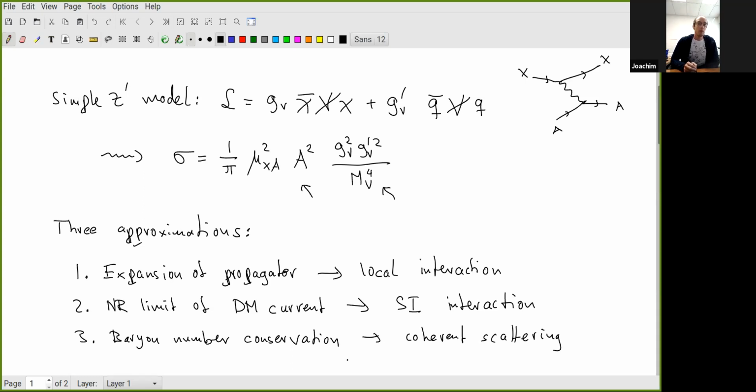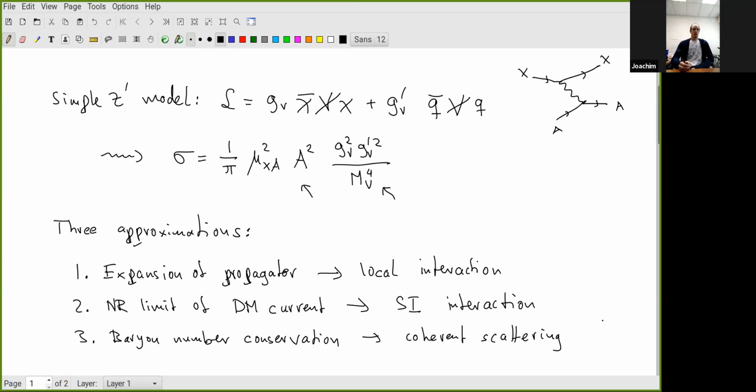In order to calculate the cross section, we could use a trick. We used an exact symmetry that is related to baryon number conservation, and we saw that at very low energies, the dark matter just sees the baryons in the nucleus, essentially the numbers of protons and neutrons. So these are the three approximations that allowed us to get an exact result in this simple case.